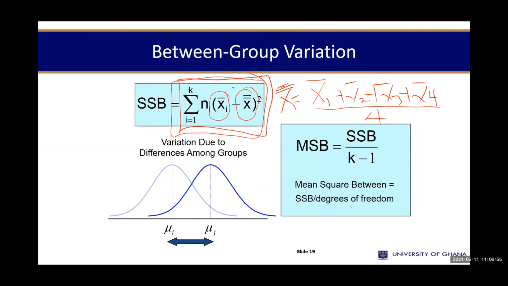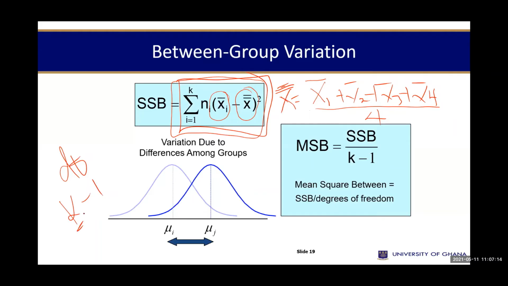Then I also need to know what we call the degrees of freedom for the dispersion among the sample means. So my degrees of freedom for SSB is K minus 1. We've defined what K is already.